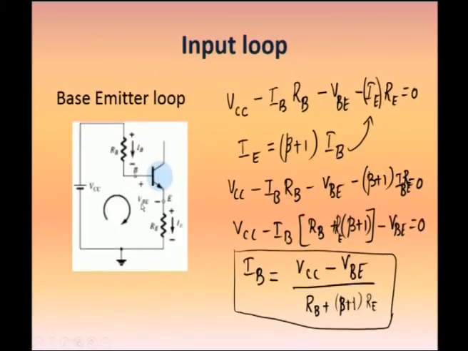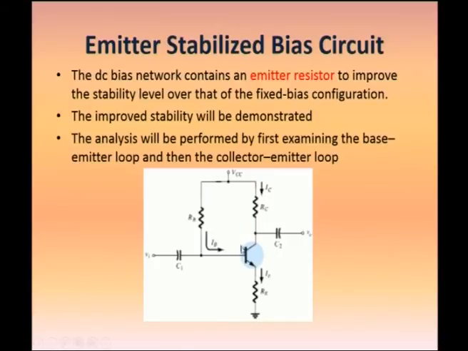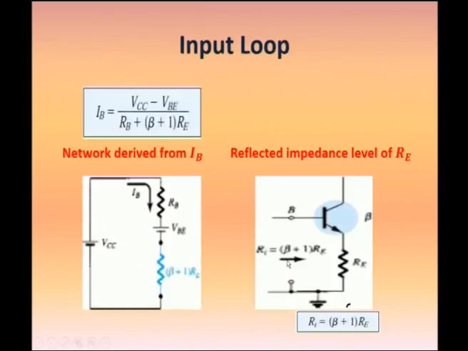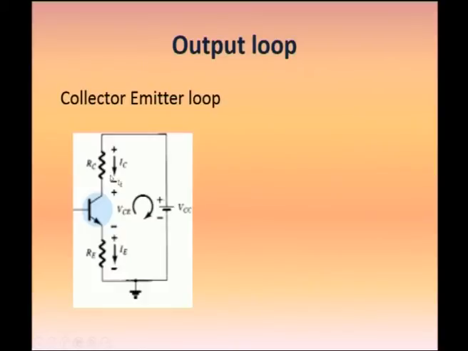For the output loop, from the circuit, this is the only part present in the output loop without the capacitor: RC, RE and VCC. We have connected RC and RE to VCC. For this, if you apply KVL again: VCC minus IC RC minus VCE, the voltage between the collector and the emitter terminals, minus IE RE equal to 0.